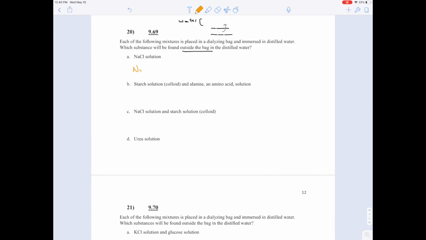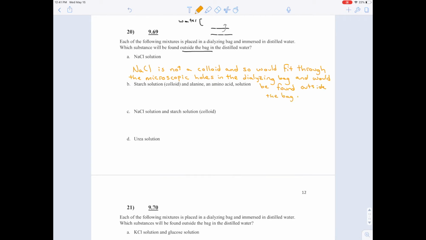So you can write NaCl is not a colloid, and so would fit through the microscopic holes in the dialyzing bag and would be found outside the bag in the distilled water.